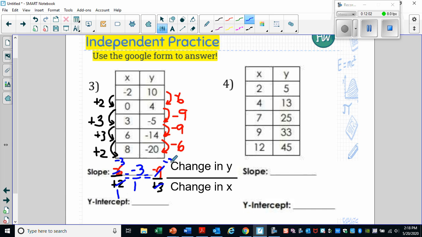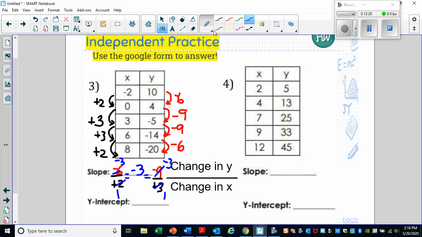So we're left with -3 over +1. So in the end, the slope for problem number 3 is -3 over 1, but since we don't need the 1 in the end, we can just say -3 is our slope.